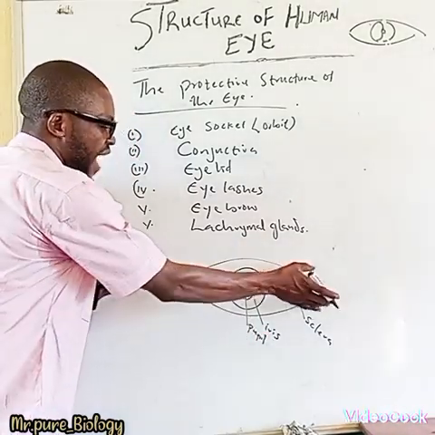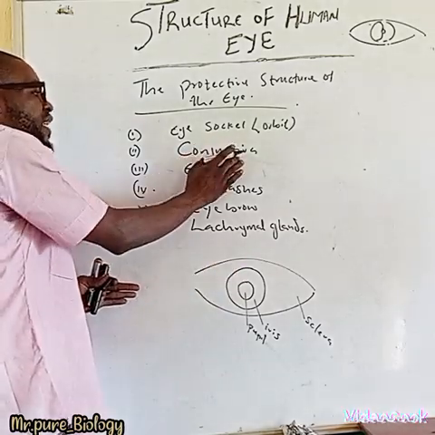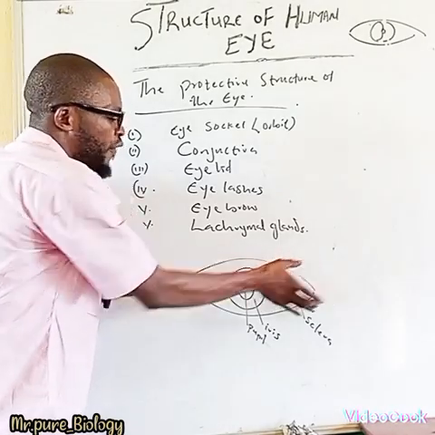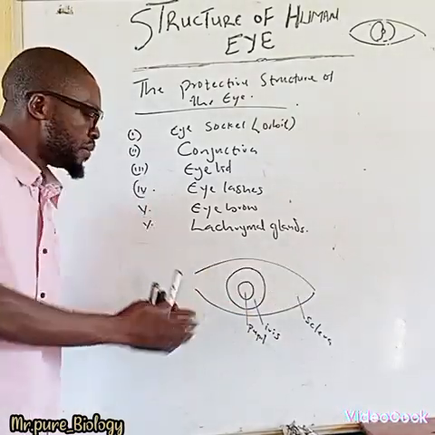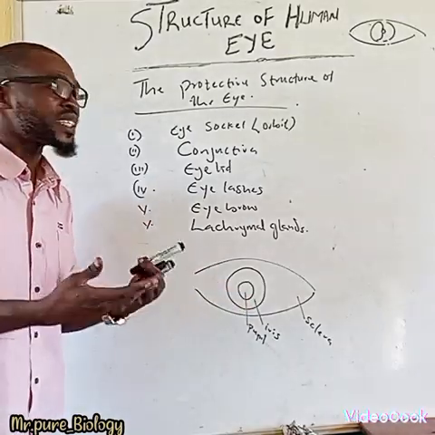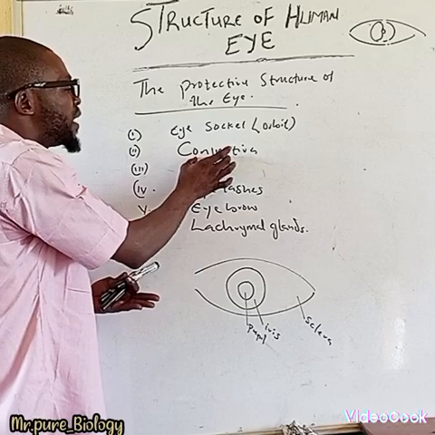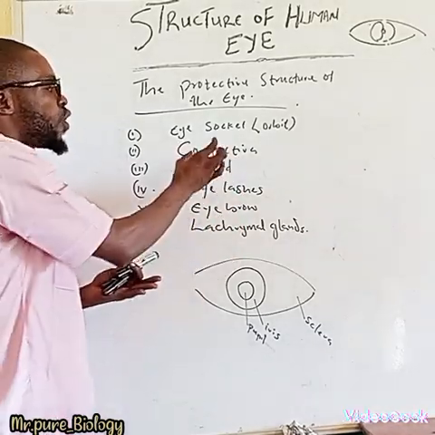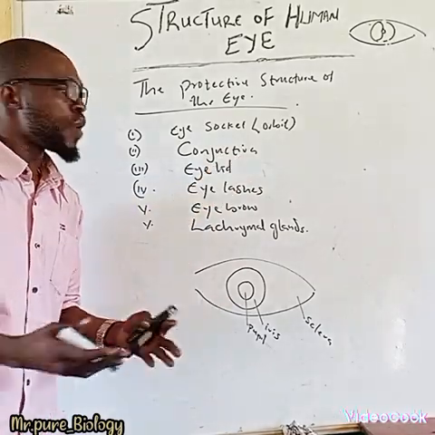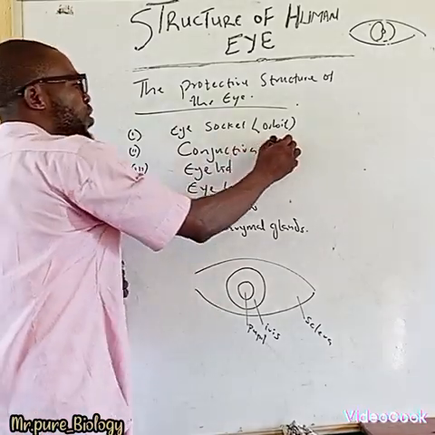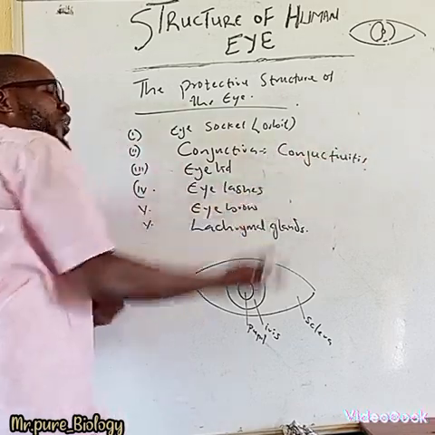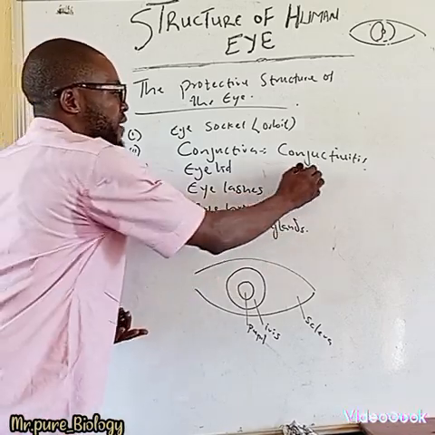Now, the entire anterior view of the eyeball is protected by the conjunctiva. That's why we refer to the conjunctiva as a thin membrane that protects the entire eyeball from external injury. But its major function is to protect the eyeball from certain bacteria and dust. When there is an accumulation of dust or bacteria at the conjunctiva, it can easily become inflamed, and the condition is called conjunctivitis, commonly known as Apollo.